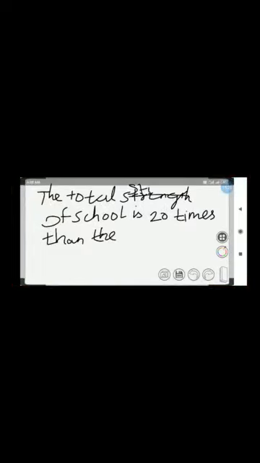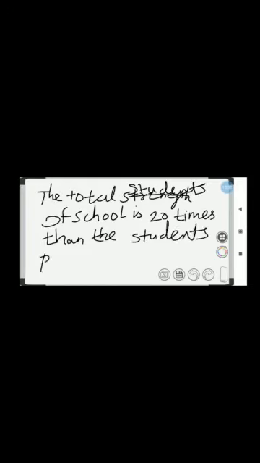The total students of the school is 20 times more than the students present in the class. Can you understand? So this kind of statement we can write.